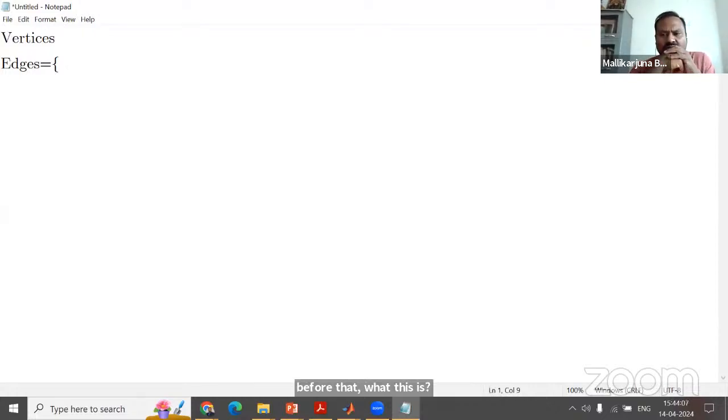When will we use the Hessian matrix? To find whether a matrix is positive definite, positive semi-definite, or negative definite, we use the Hessian matrix.